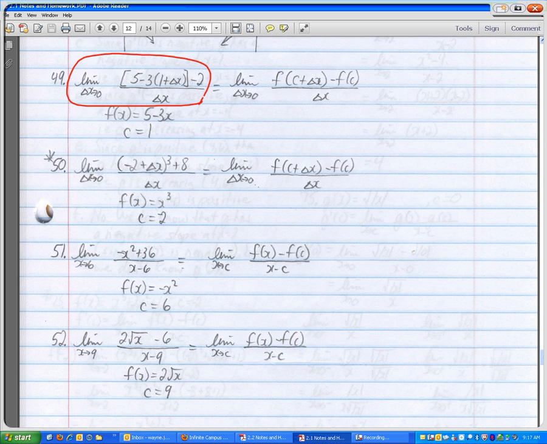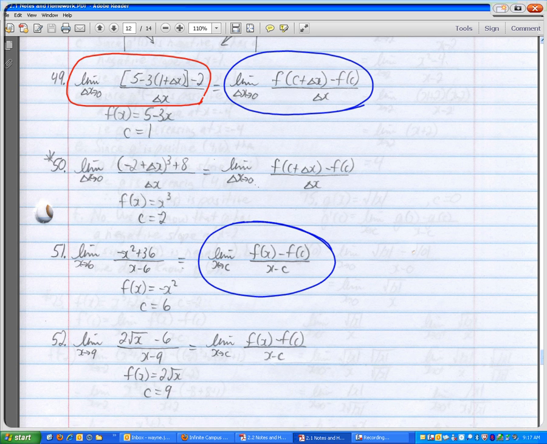Now, there are two different forms of the derivative that we have that has the c in there. One is actually what we called the definition, or what the book called the definition of the slope of the tangent line. The other that I used in a couple of other problems was the alternative form.